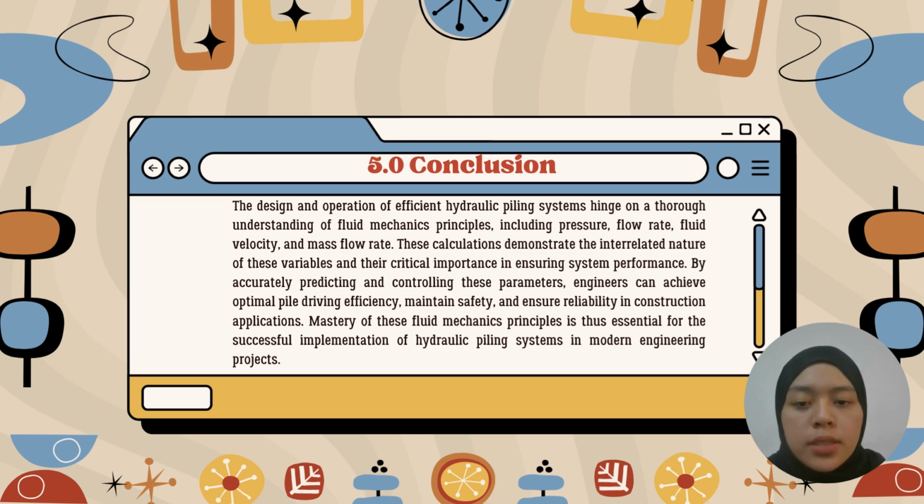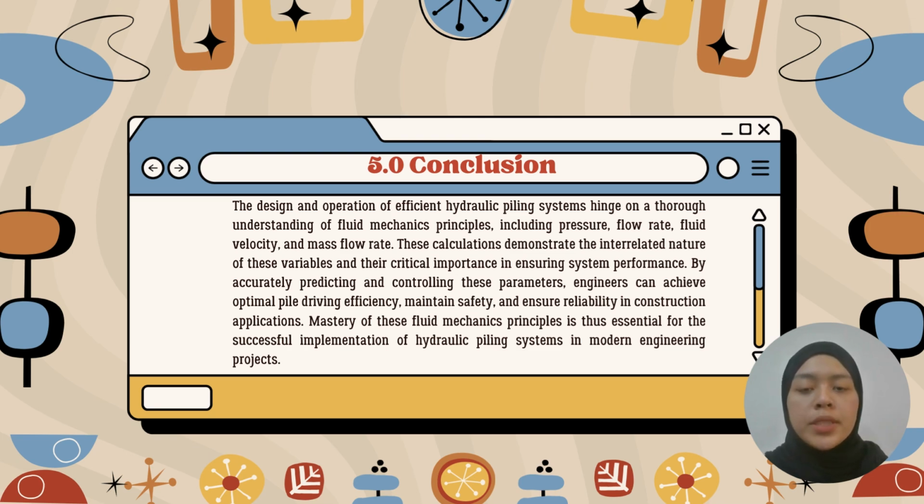The conclusion is that the design and operation of an efficient hydraulic piling system requires a true understanding of fluid mechanics principles, including pressure, flow rate, fluid velocity, and mass flow rate. This calculation demonstrates the interrelated nature of these variables and their critical importance in ensuring system performance.